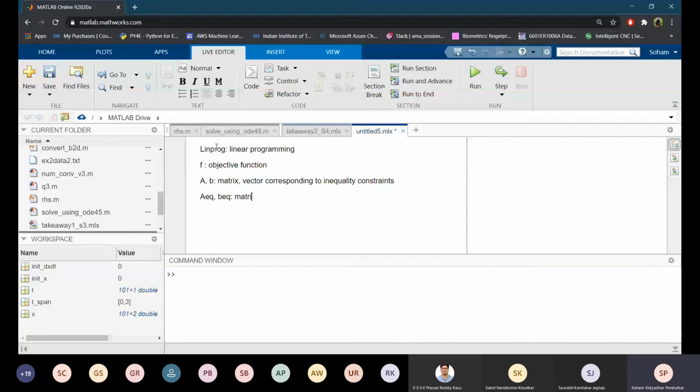LB, UB, lower bound, upper bound. Okay, so this is how we will see now. So the syntax is like this.